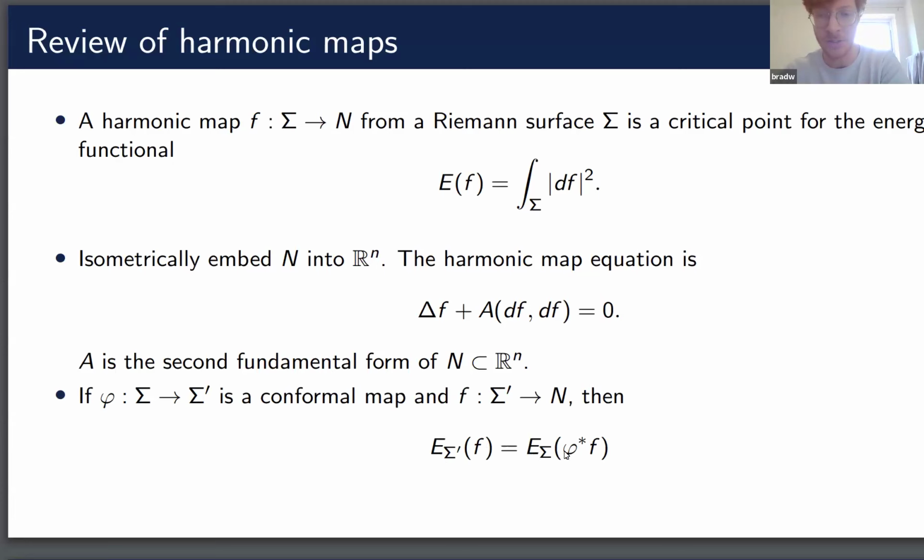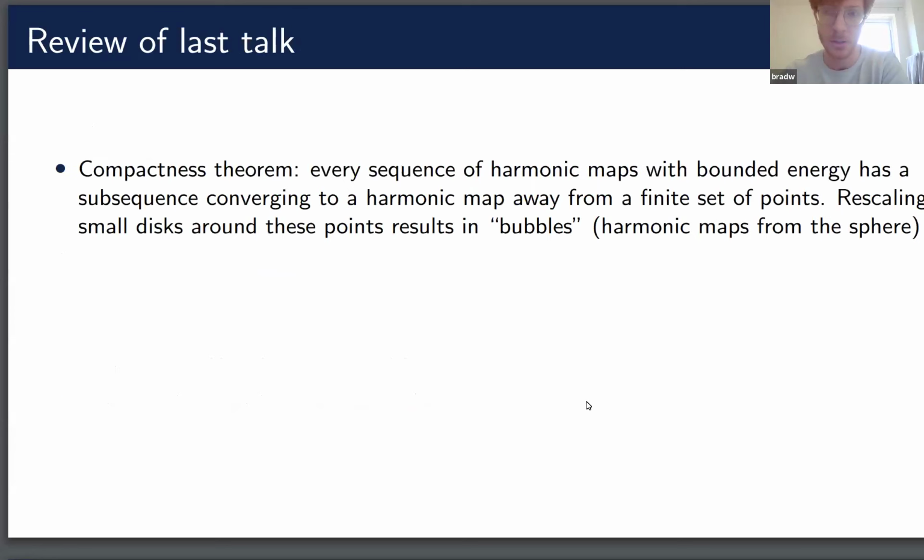Take the energy over one surface, it's equal to the energy over the other surface of the pullback, which is just the composition in this case. The reason this works is that in the expression for the energy, you get one factor of this scalar function popping out from the norm and a cancelling factor popping out from the volume form. So the energy becomes conformally invariant.